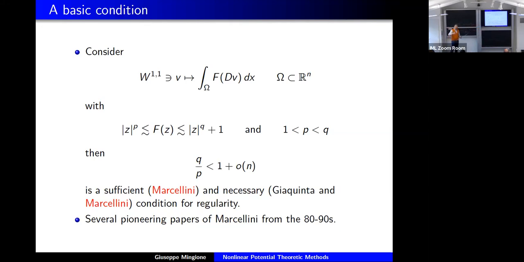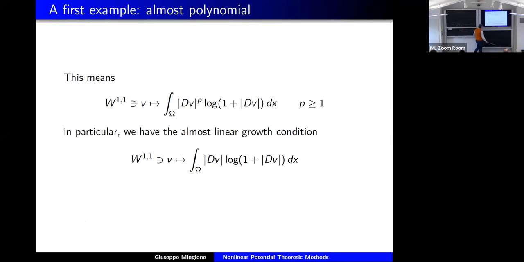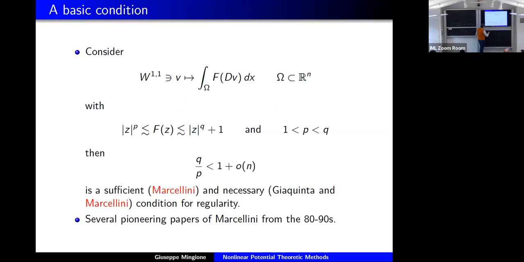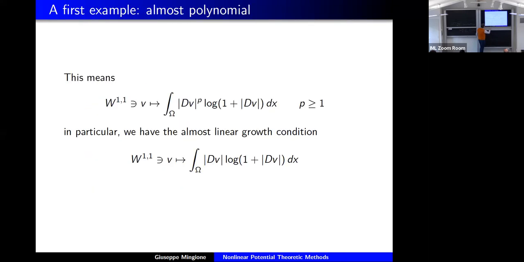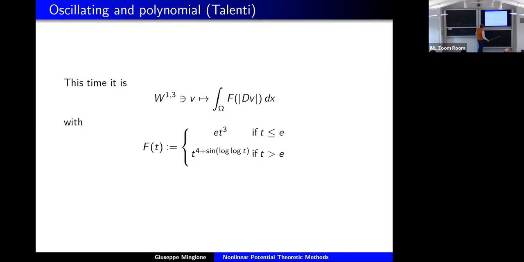Because you cannot allow this ratio to grow too much, otherwise you break this competition in favor of irregularity, and there are counterexamples, right? It cannot be too large, otherwise there are counterexamples, and this is necessary. For instance, you have a slow perturbation of a power. You have this example cooked up by Talenti.